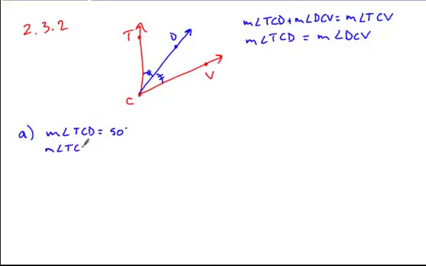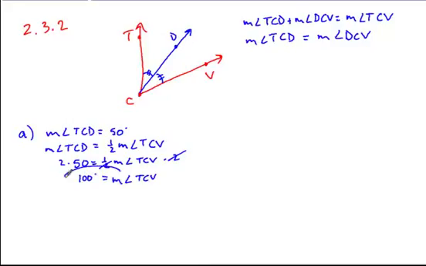So the measure of angle TCD is equal to 1/2 the measure of angle TCV. If we substitute in our number, 50 is equal to 1/2 of the angle we're looking for. All we need to do to isolate this is to double both sides. The half and the 2 cancel, leaving the measure of angle TCV equal to 2 times 50, which is 100 degrees.